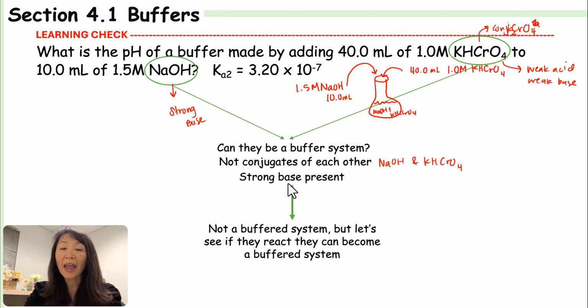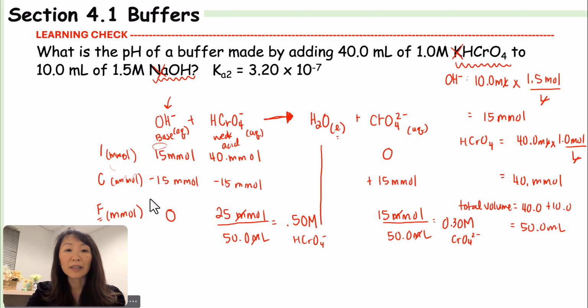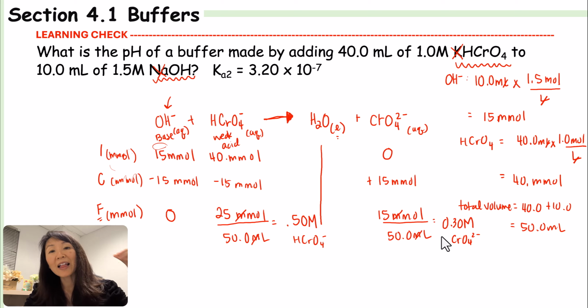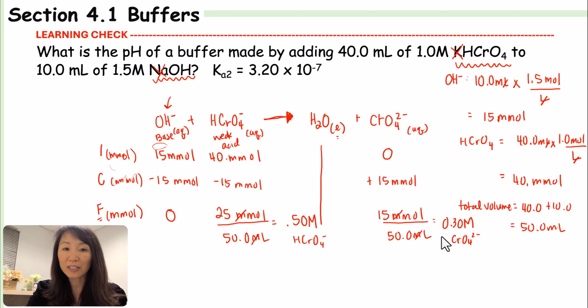There's no more, and you will find that in place of the weak acid, there is now a weak base, the conjugate. So let's go back. Look at this. All of the base has been diminished, right? It's at 0 now. The weak acid is present, so is its conjugate base over here, and they're both present. Having both in presence lets me know that this is or can be a buffer system.